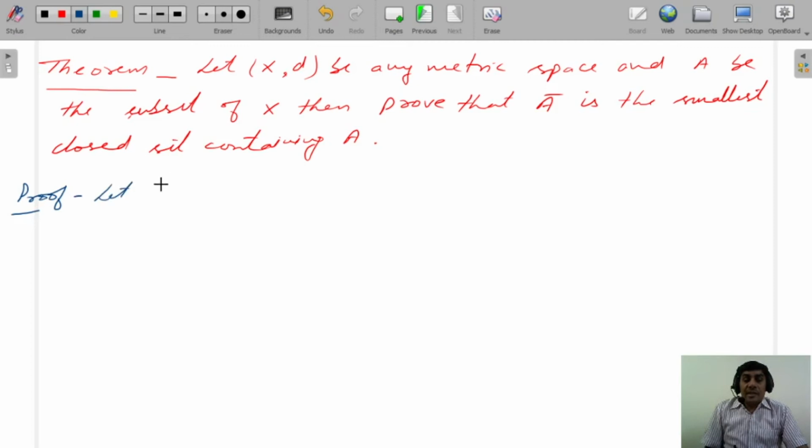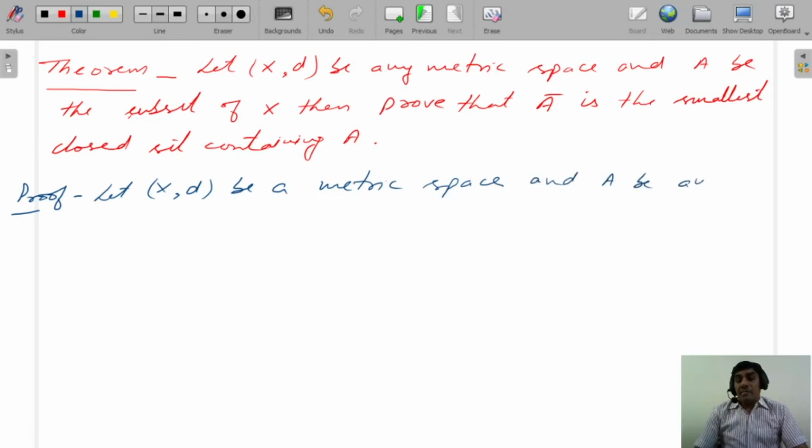Let (X, d) be a metric space and A be any subset of capital X.